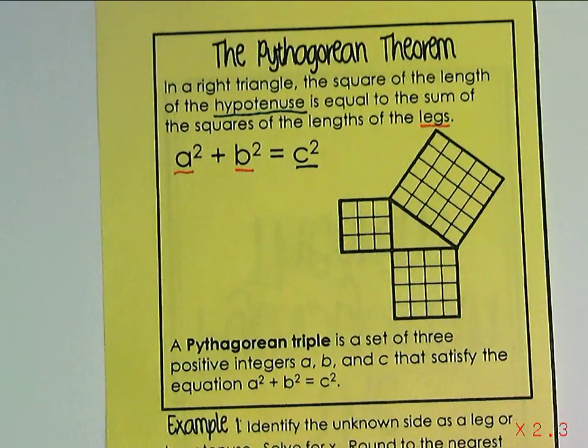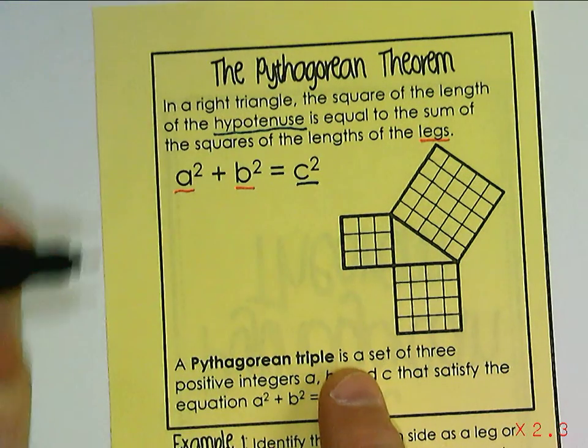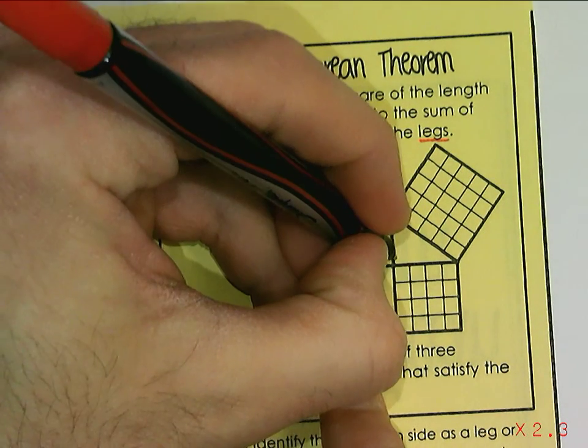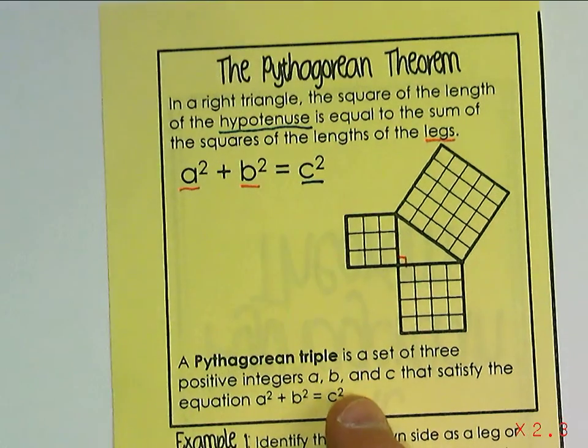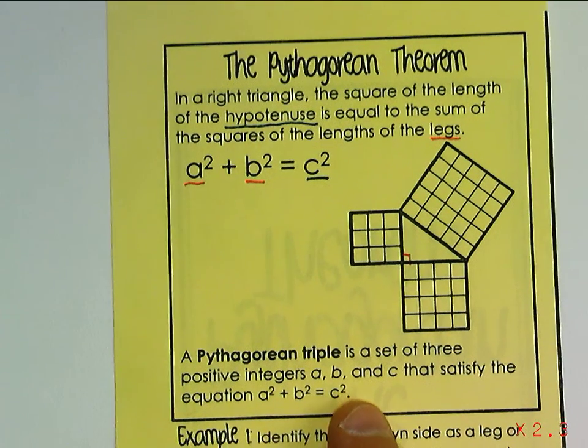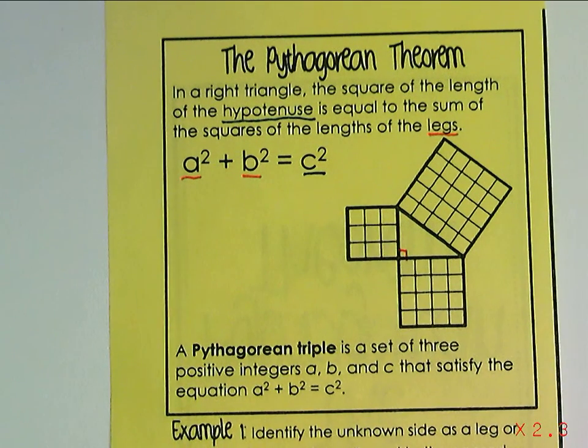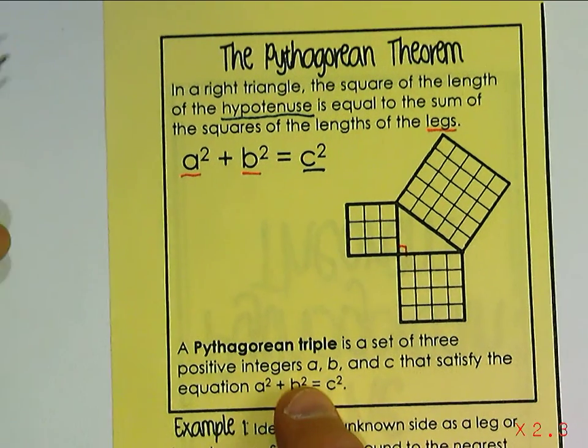Now the legs are always going to be the two shorter sides of your right triangle. I should mention that the Pythagorean theorem only deals with right triangles, so any other type of triangle you wouldn't be able to apply this rule to.